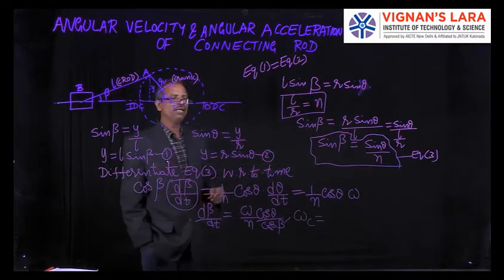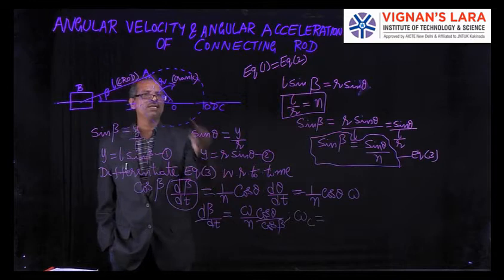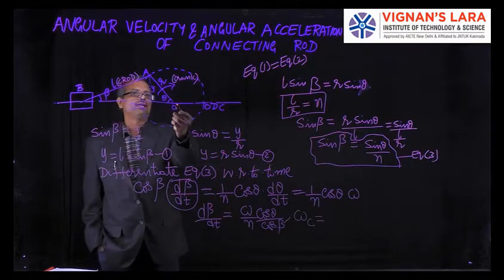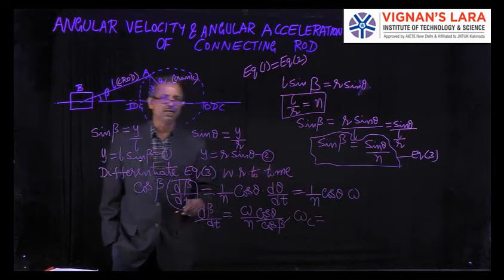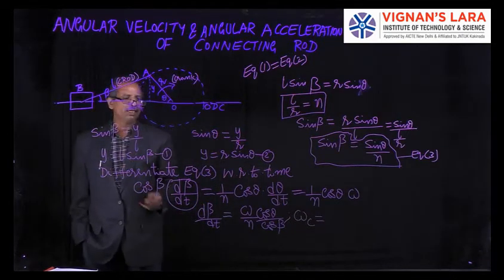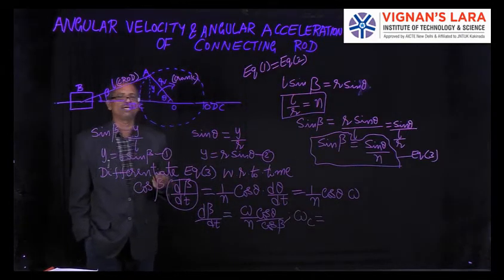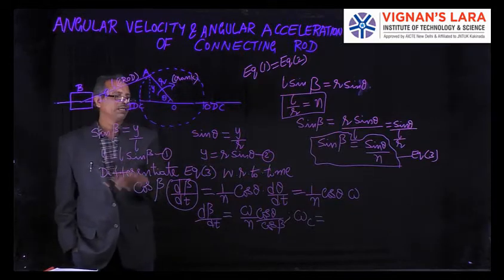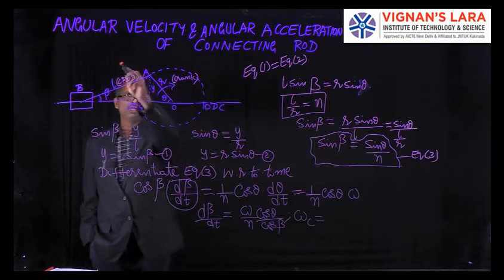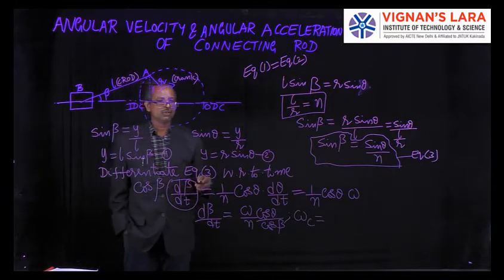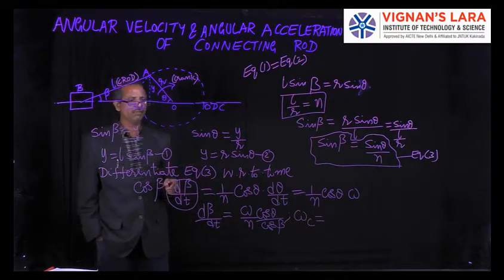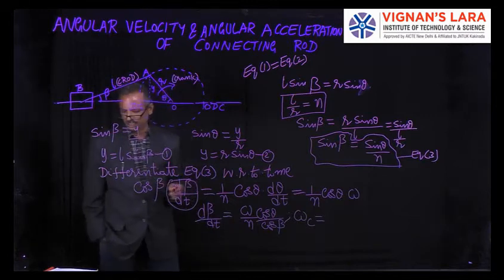So we have defined d theta by dt is omega, that is rate of change of the crank rotation with respect to time, we called omega. Similarly, d beta by dt means what? Rate of change of angle of the connecting rod. That is what I am calling angular velocity, that is omega c. So omega c is equal to omega by n into cos theta by cos beta.